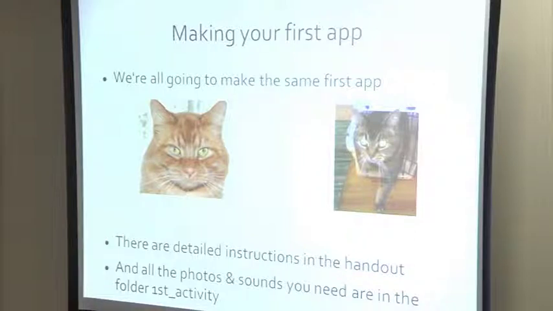Activity 1. You just do build, and then you can save it to a file and email it to yourself. Which cat have you chosen?